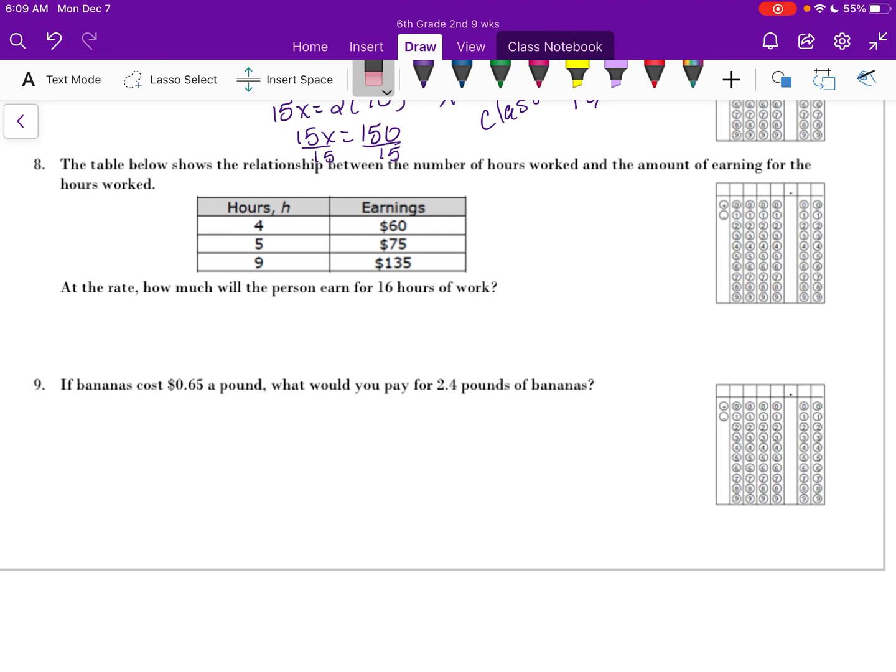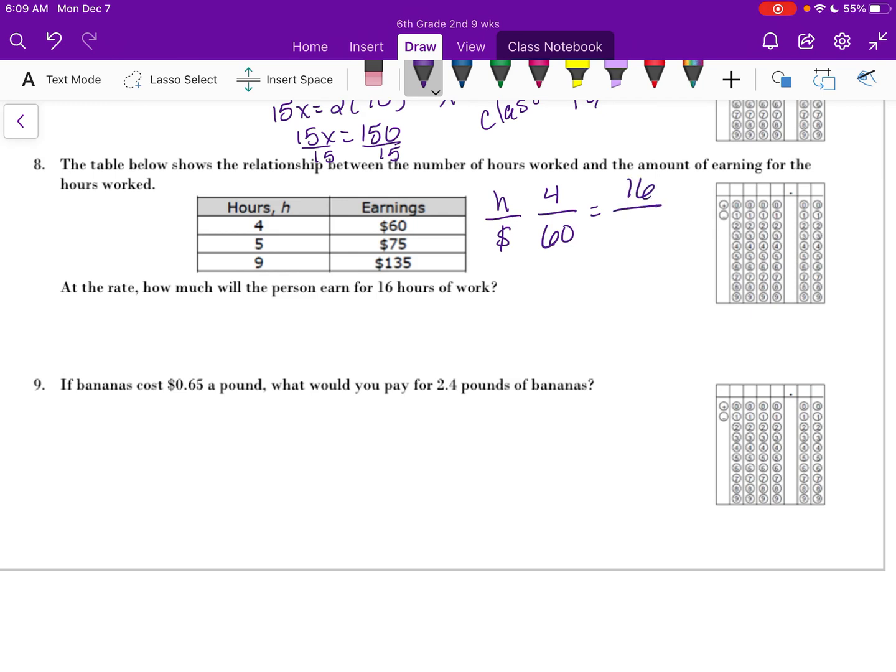Okay, so we get to choose which one we want to use. Do we want to use 4 and 60, 5 and 75, or 9 and 135? Well, I know which ones. I'm using the smallest numbers because I want to make my math as what? Easy as possible. That's right. So hours to money. So 4 hours is $60.